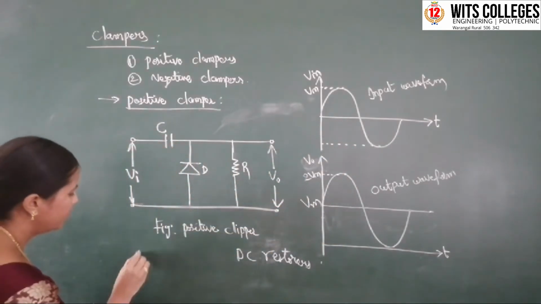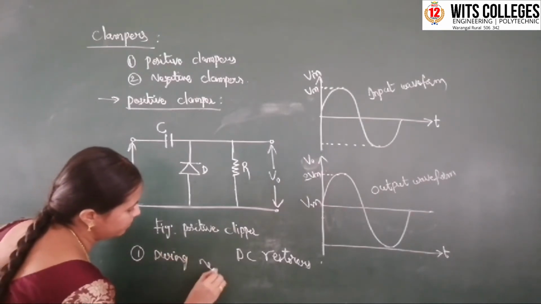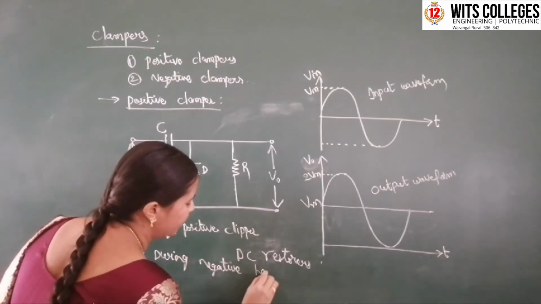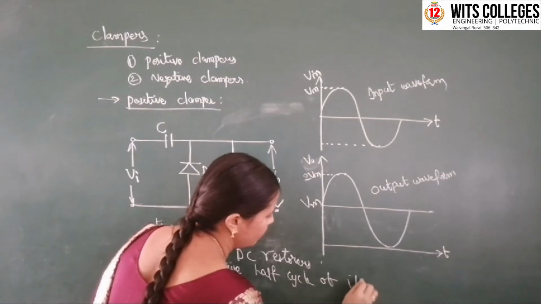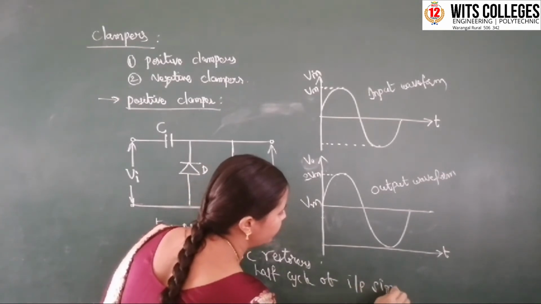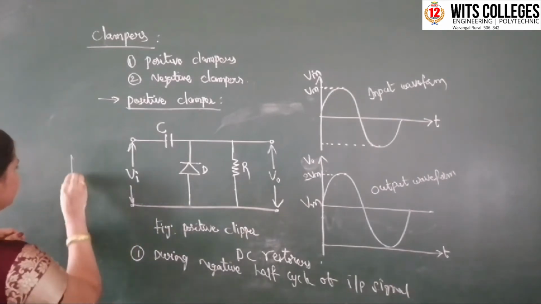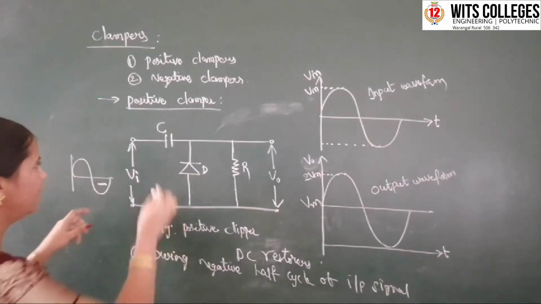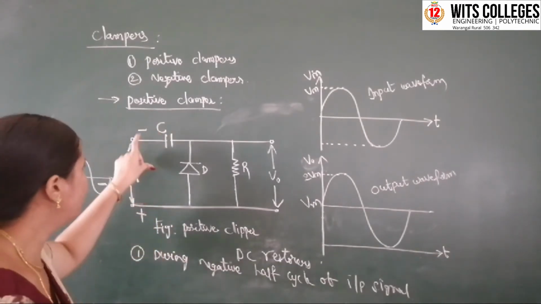So here, during the negative half cycle of the input signal, what will happen? Here one terminal becomes negative and the other becomes positive.